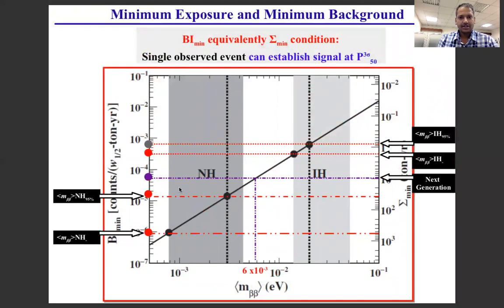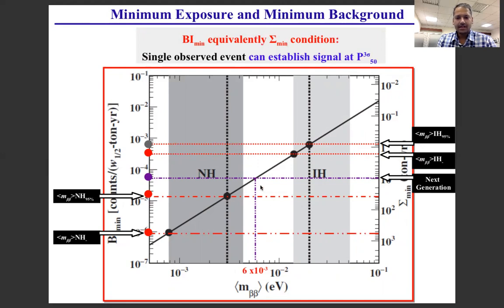In the absence of any background, we need at least just one event to claim a 3 sigma discovery. So for becoming background free, the next generation experiments can probe up to this much.